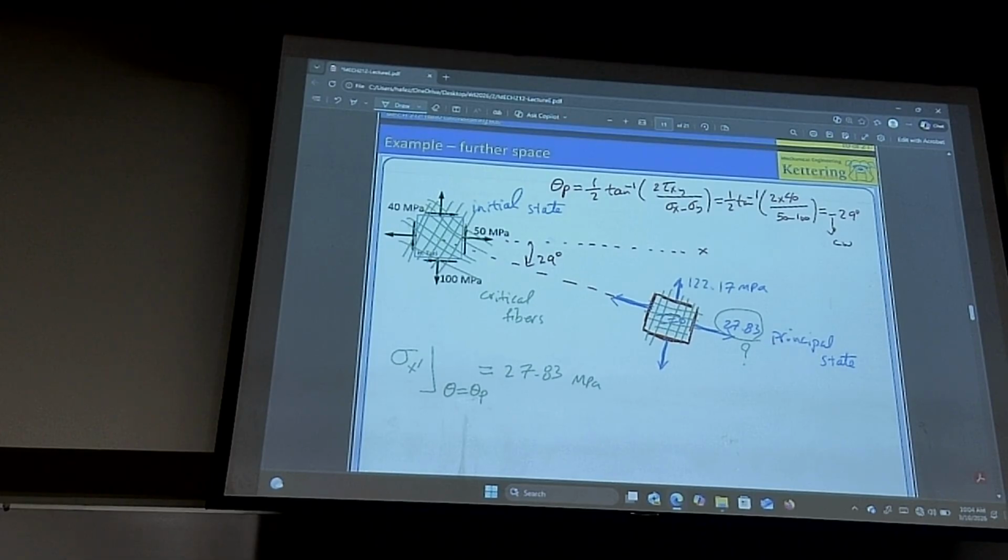So show me the work, do the big formula for sigma x prime, put the sigma x, sigma y, tau xy values in there. For theta, put theta p, which is negative 29 degrees. Make sure in your calculator you have it in the right setting. So do that and then bring it to me here. Let me confirm and give you a point.